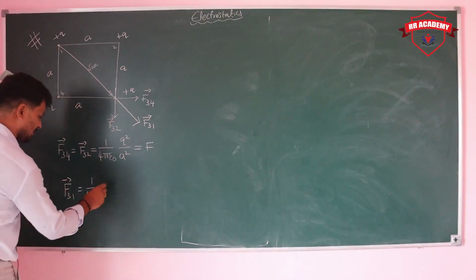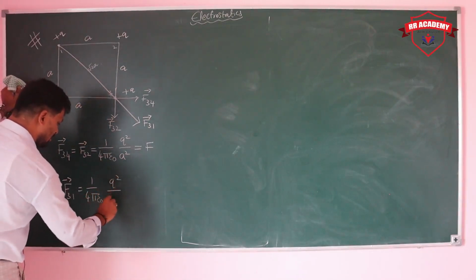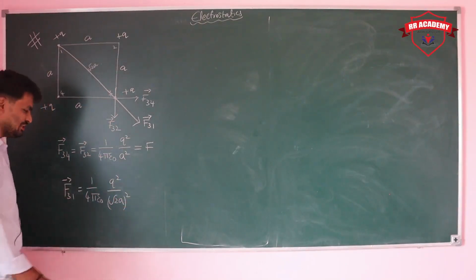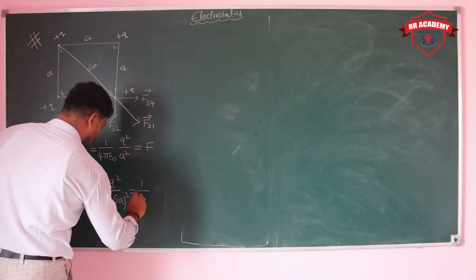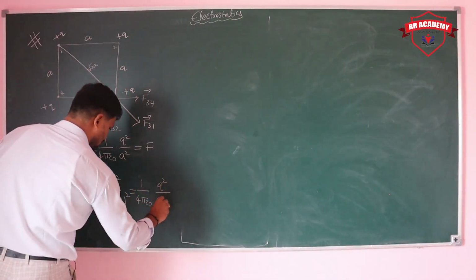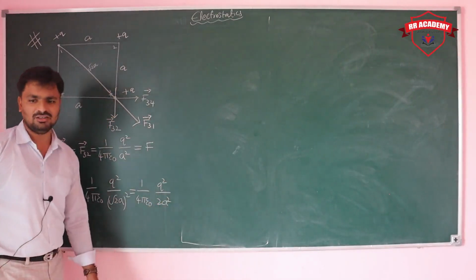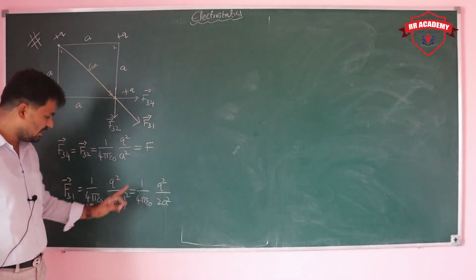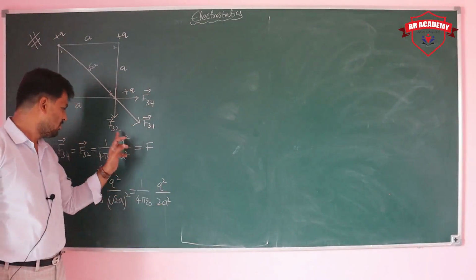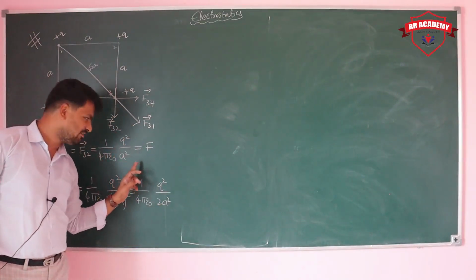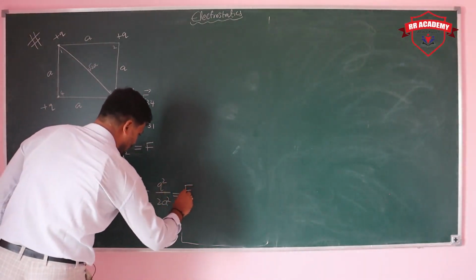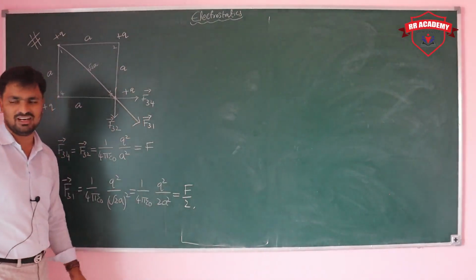Now q square upon √2a whole square, so it becomes 1 upon 4 pi epsilon naught q square upon 2a square. Now what is the value of 1 by 4 pi epsilon naught q square by a square? It is F, so the whole value will be F by 2.